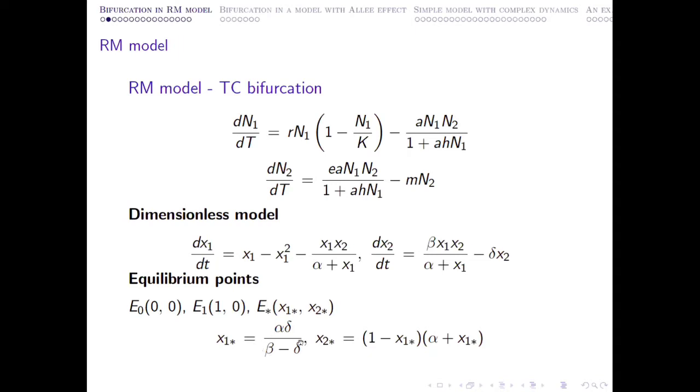So it clearly indicates that if you choose delta as some value, then beta should be greater than that delta, because you need to have this equilibrium point as a feasible one. Then if you consider the restriction that x1* should lie between 0 and 1, from there you will find another restriction on the parameters. So in this way you will get some idea about how to choose the parameter values.